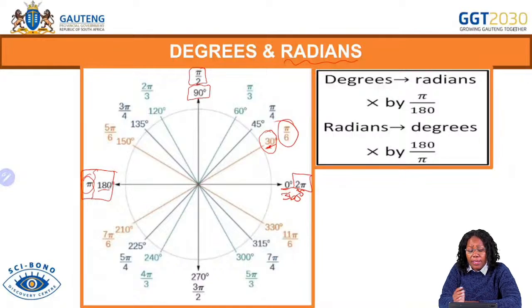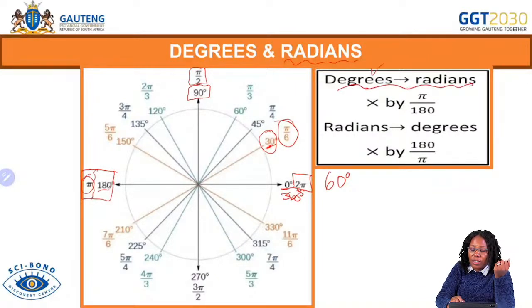Okay. Now let's say your angle is given in degrees. They have given you a 60 degrees angle, and you need to convert this into radians. This is changing degrees to radians.